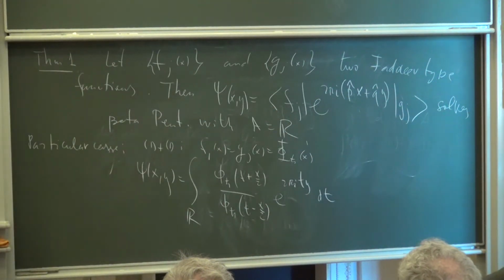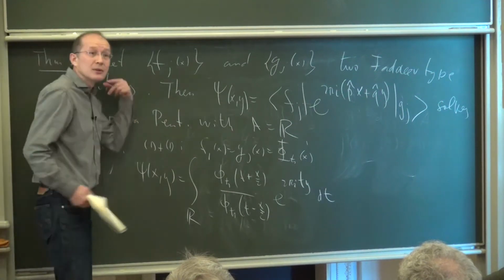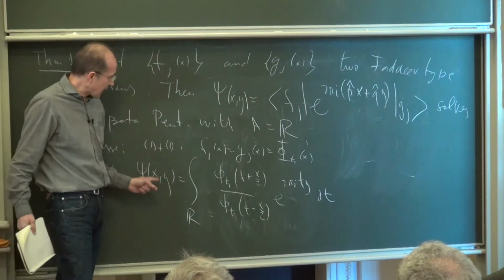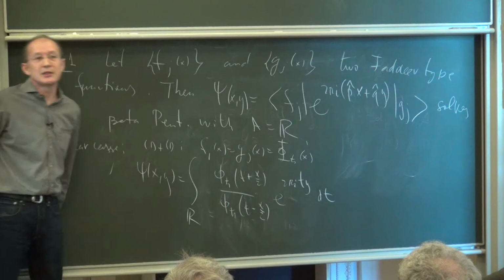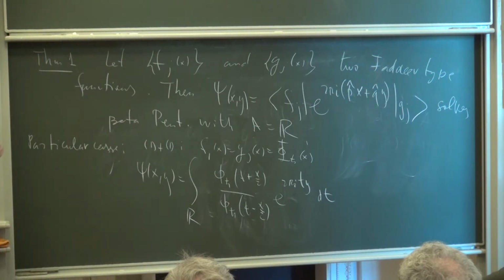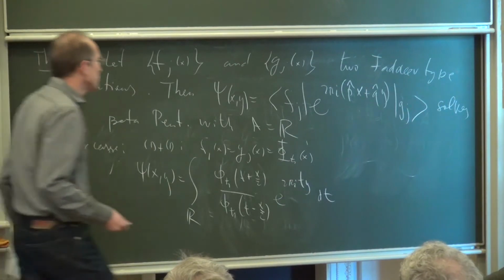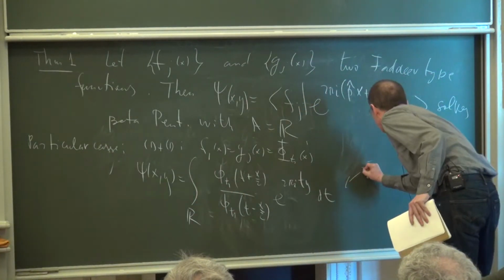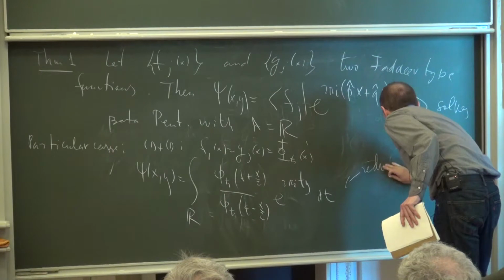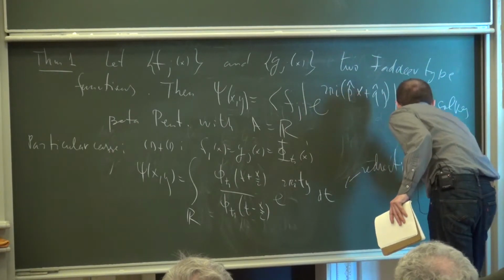And again, this generalizes the beta function example by introducing an additional deformation parameter h bar. So if you wish, it's a quantum version of the beta function example. And it also comes as a reduction of Spiridonov's beta.